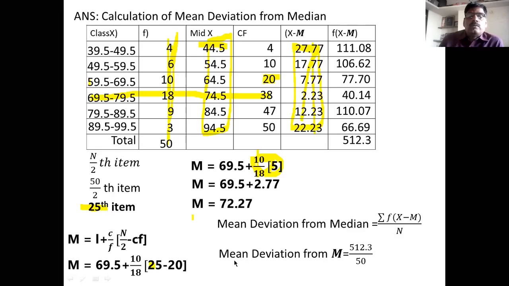So mean deviation from median is equal to 512.3 divided by 50 is equal to 10.246. 10.246 is the answer. This is the mean deviation from median. In this way, you have to calculate mean deviation from median.